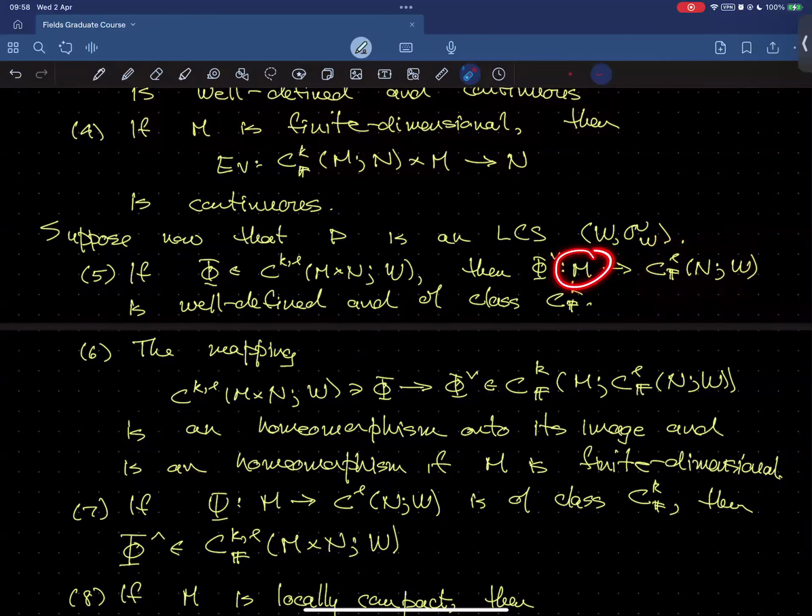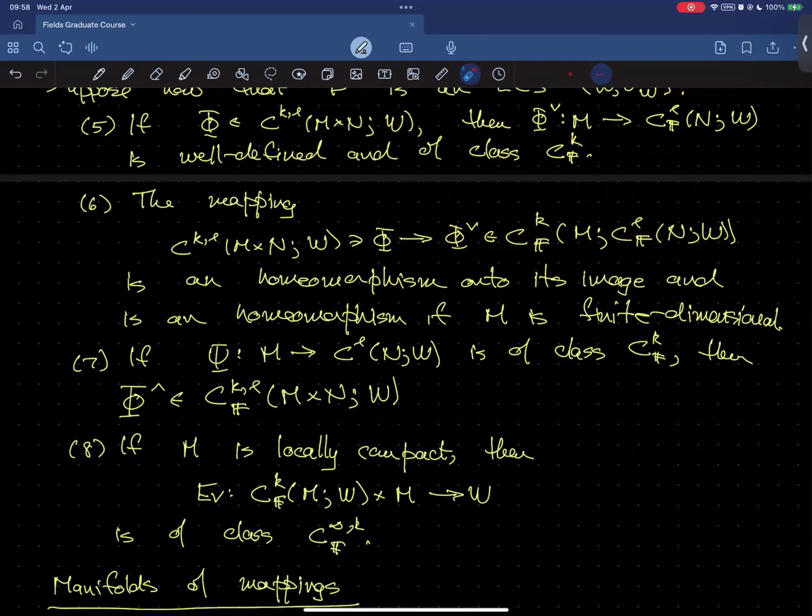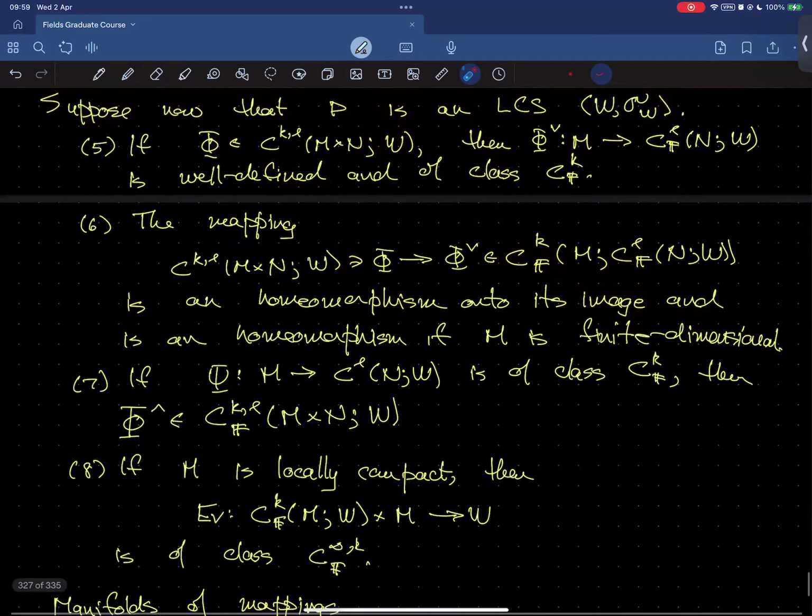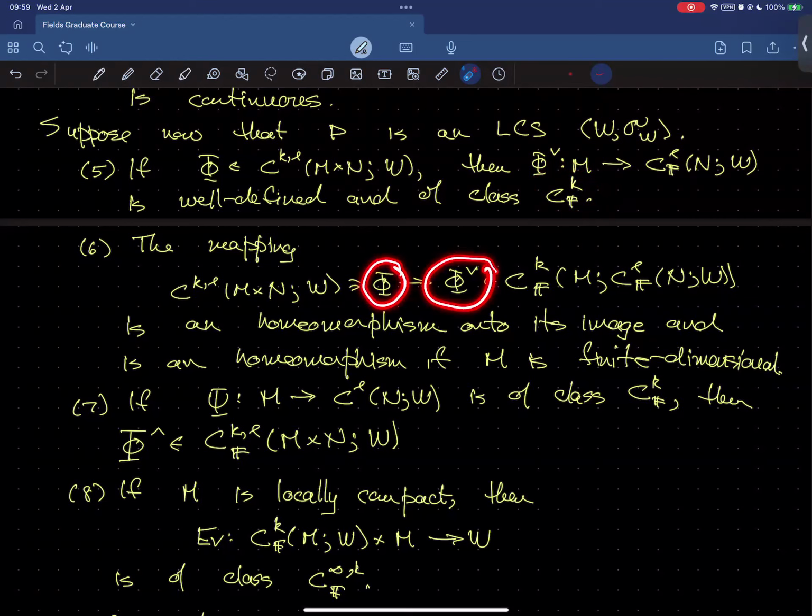And then similarly, phi wedge. Okay, so phi, sorry, we're still talking about phi check. So this tells us that this thing is of class CK. Next, the mapping which assigns phi check to phi is a homeomorphism onto its image.